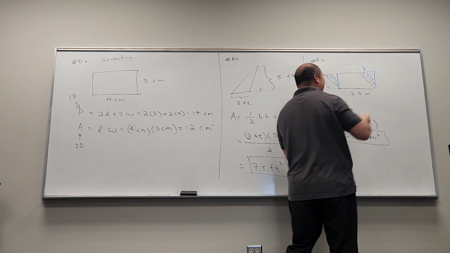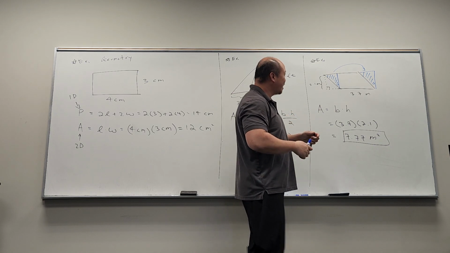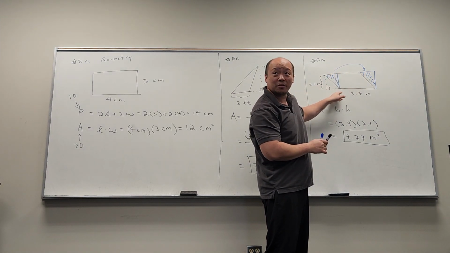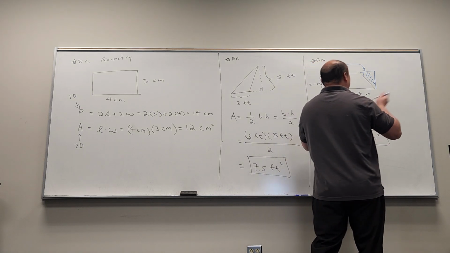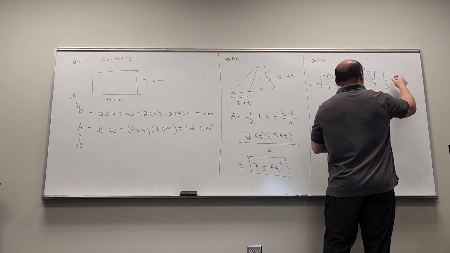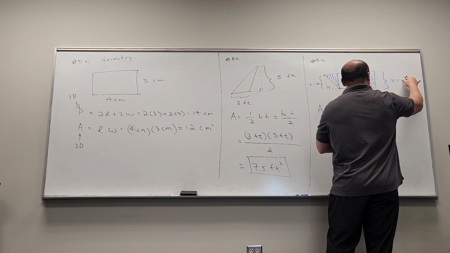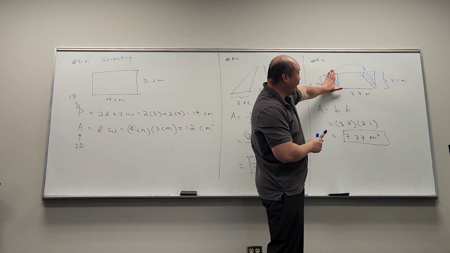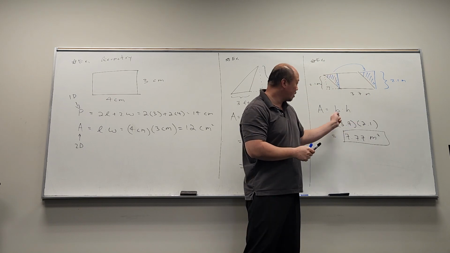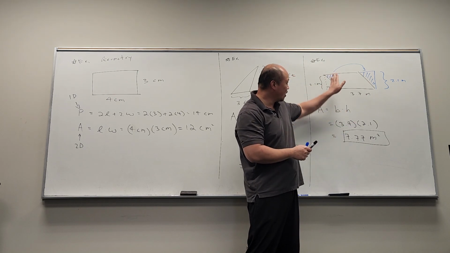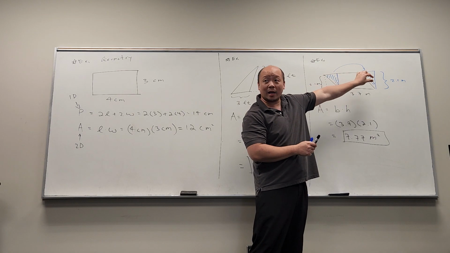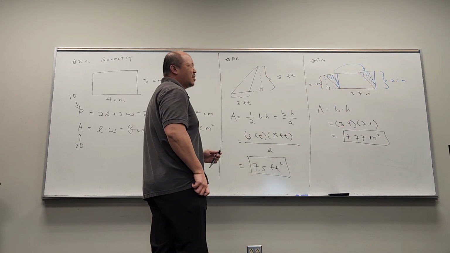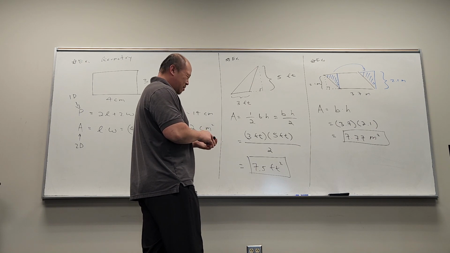You see what I'm saying? So if you take this guy and move it over here, doesn't that become a rectangle? And the height is kind of like your length, right? That's why the area will still be length times width, because you can move it to the other side and it becomes a rectangle. So this one actually makes some sense, right?